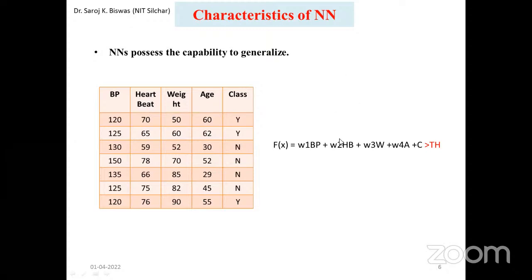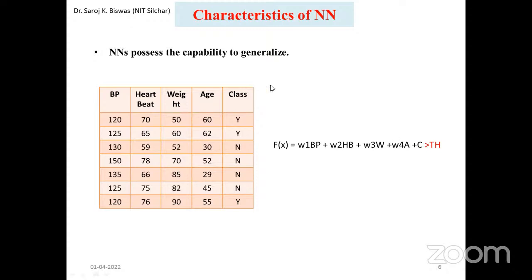Similarly, we can have a weight for the weight attribute, W3, which is multiplied with the weight here. And for age, again we have some weight. All these weights are extracted from the big database, right?